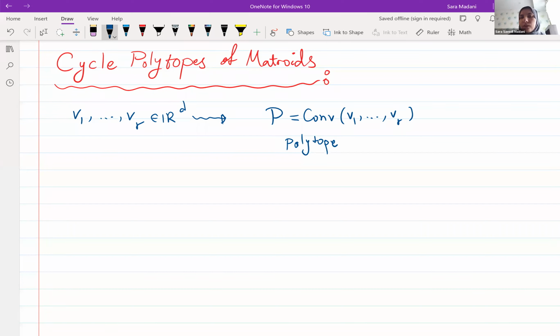And by convex hull, as you may know, I mean the smallest convex set in R^d which contains these R points. And by just an example, if I have 4 points like V1, V2, V3, and the fourth one, and if I want to take their convex hull, what I get is just this square, right?